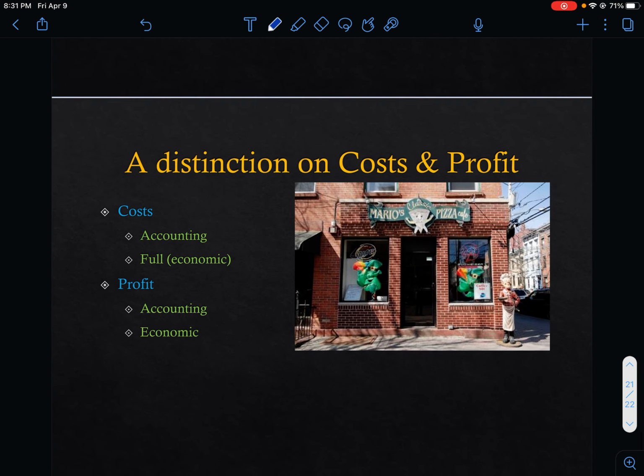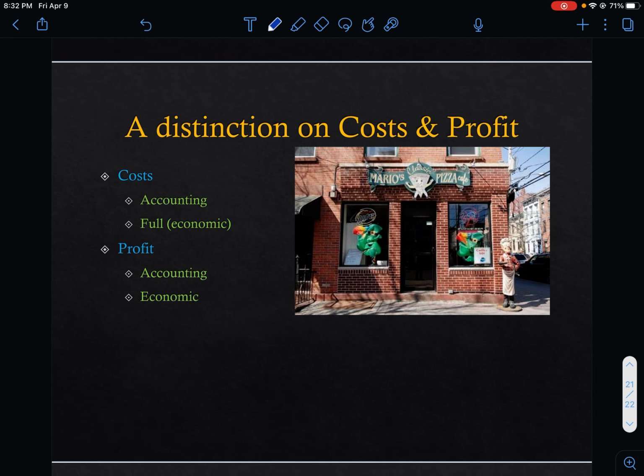So there's that. And then one last distinction is between accounting costs and full or economic costs, and therefore profit. If we make the distinction in terms of costs, then you'll understand what that means in terms of profits. So accounting costs, what the accountant considers a cost, is any out-of-pocket expenditure.